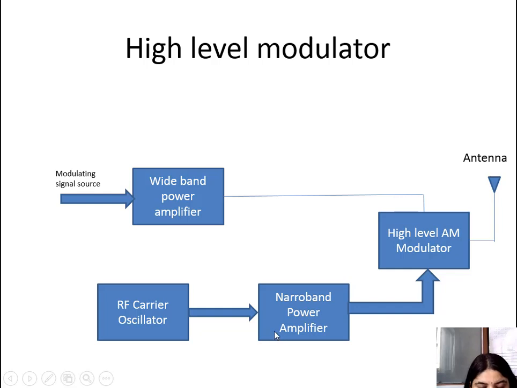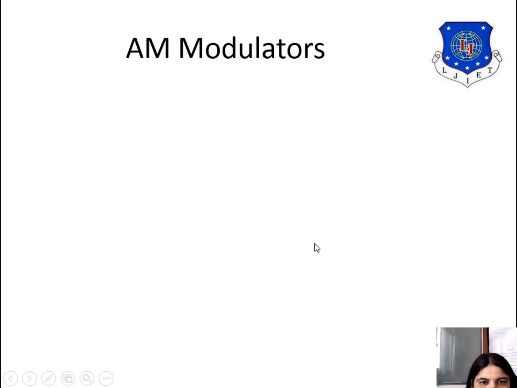After amplification of both signals, they are given to the AM modulator, and the AM modulator will produce the high level signal. It is then transmitted by the antenna. This way, this is the difference between the high level and the low level modulator.